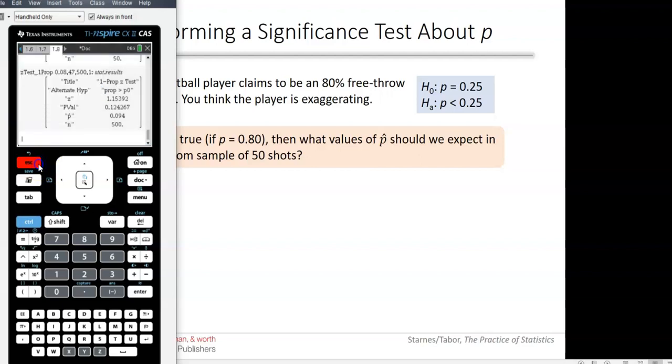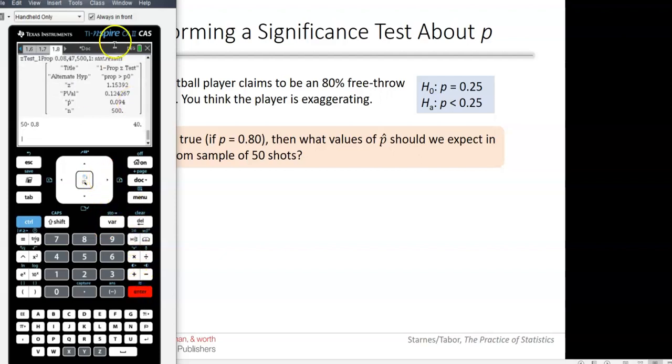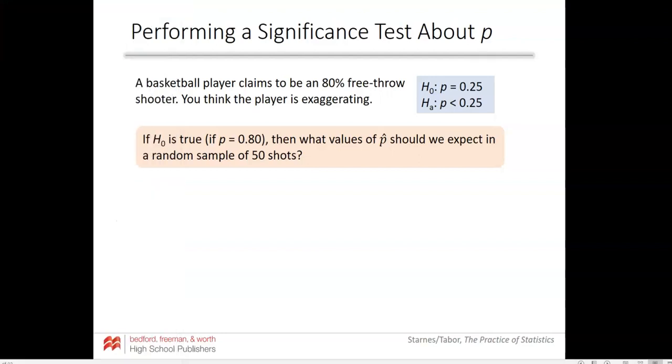So if the null is true, if you take 50 shots, so 50 times 0.8 is 40. So you would expect him to make about 40.